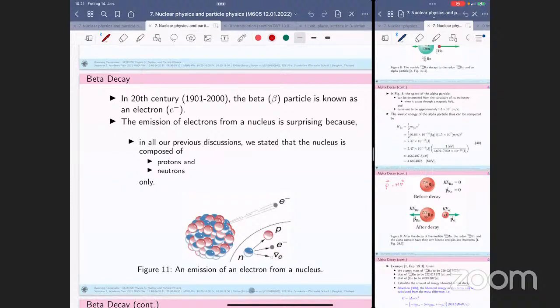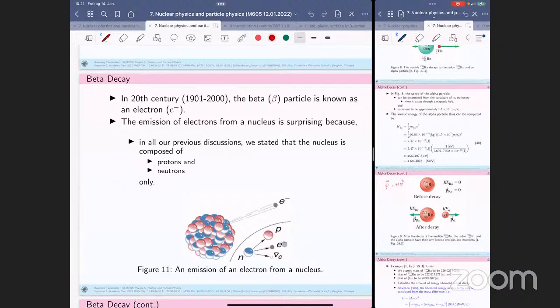It depends on the process. For a neutron to become a proton, we get an electron anti-neutrino. At the beginning, they said electron neutrino, but as time went by, they said electron anti-neutrino. The reason will come later, why they call it electron anti-neutrino.